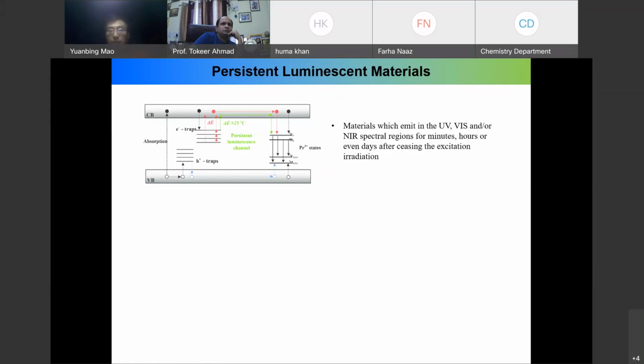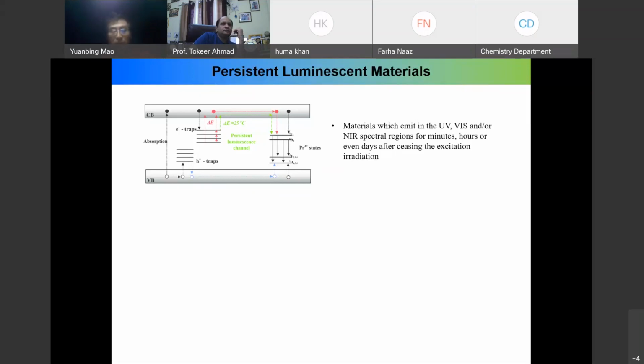So how does this happen? The current most popular explanation is that in our host materials there are some electron traps, and those traps will store the photons.